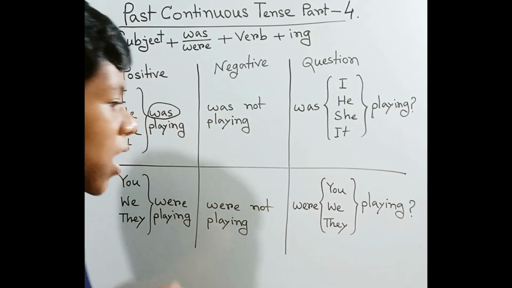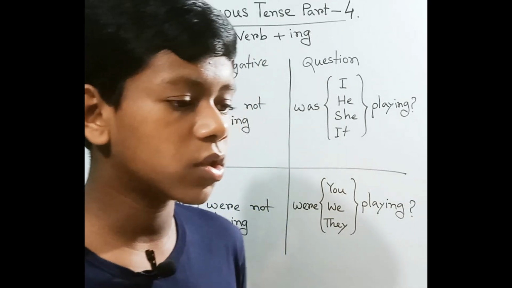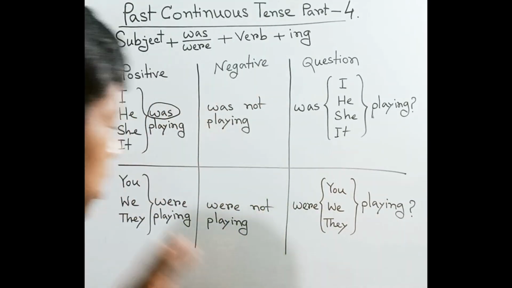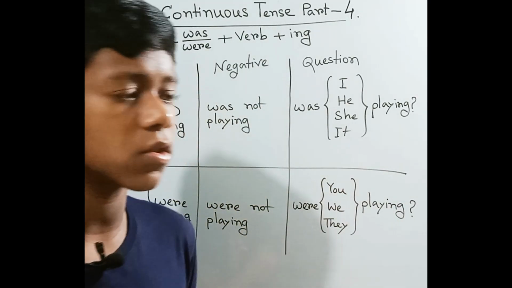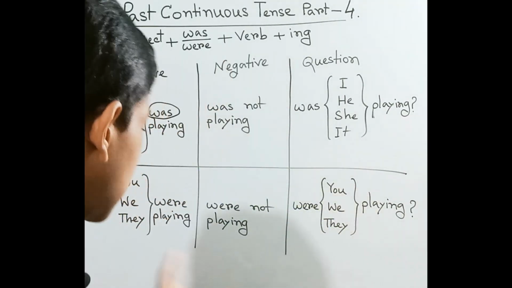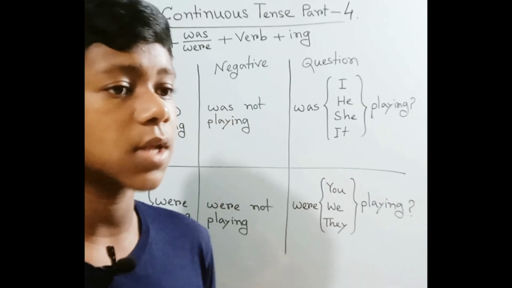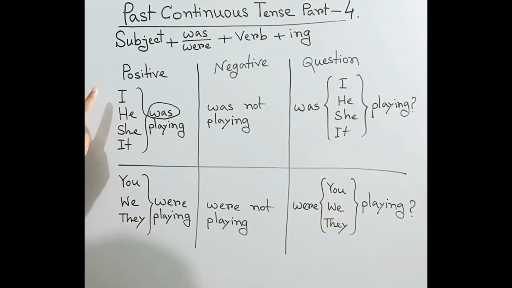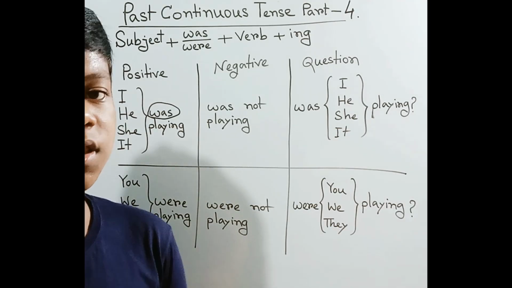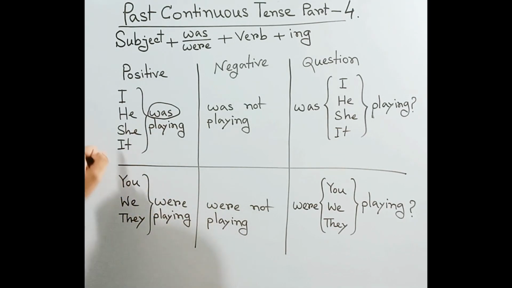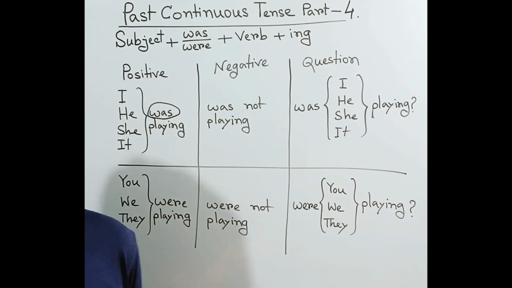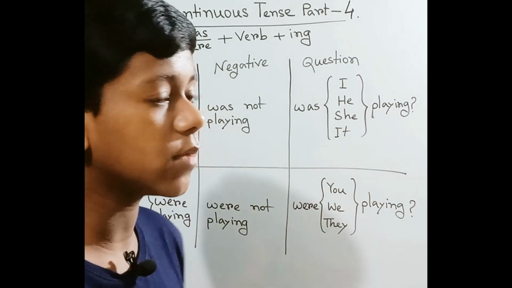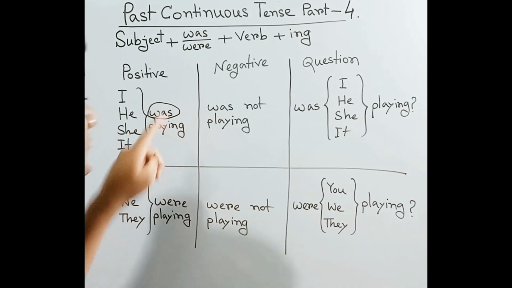I is first person singular, and we and they are plural, and you is an exception. You is only used for the second person. For he, she, it, or another person's name, that is when we have to add was.